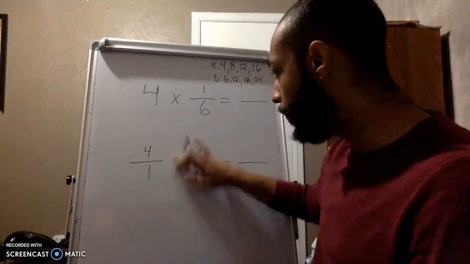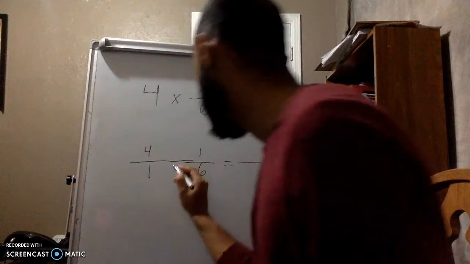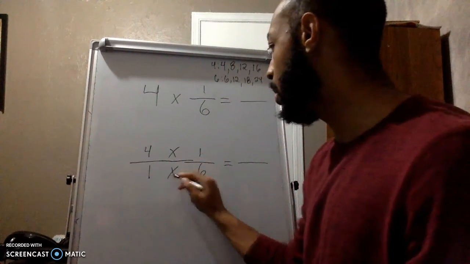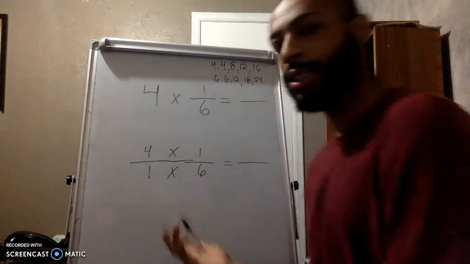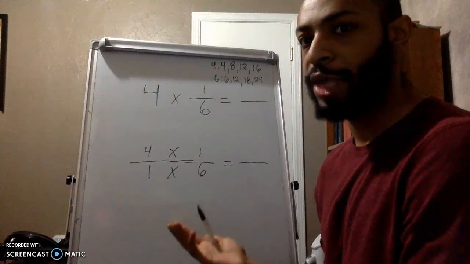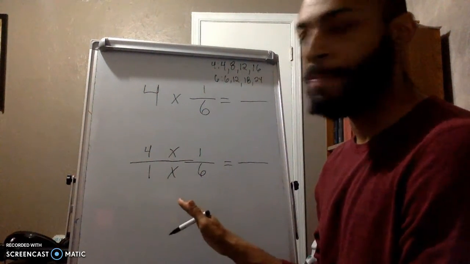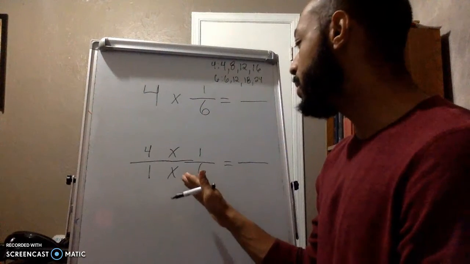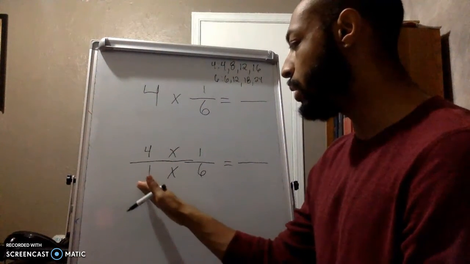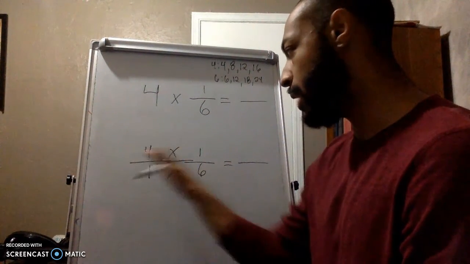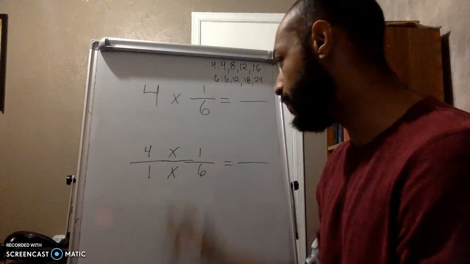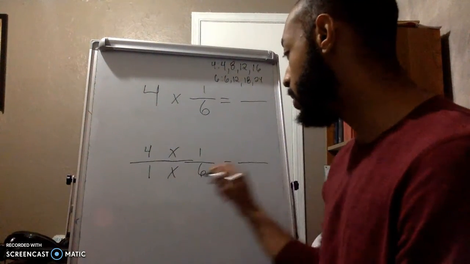Now our equation looks like this, and because this is not addition or subtraction, we don't have to get the same common denominator. So we're just going to multiply numerators and denominators, going all the way across.